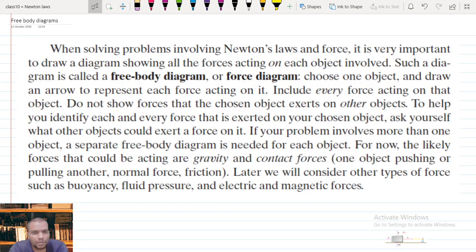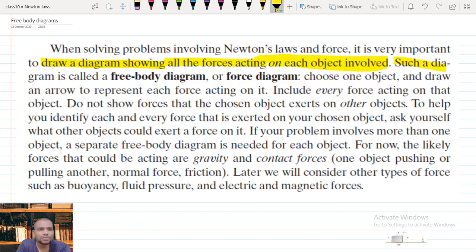Apart from the common forces in mechanics, we need to solve problems which involve Newton's laws and force. To solve the problems, it is very important to draw a diagram which shows all the forces acting on each object involved. The diagrammatic representation of the forces is very helpful for solving realistic problems.